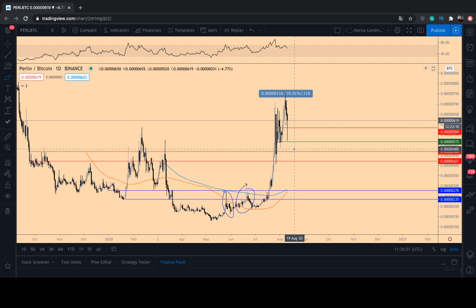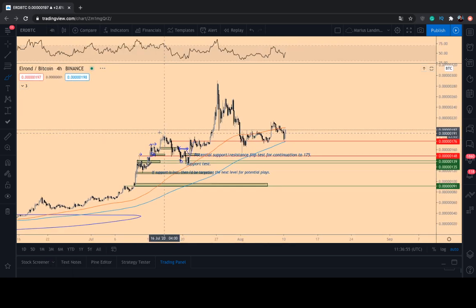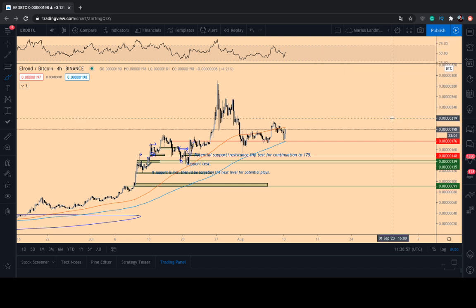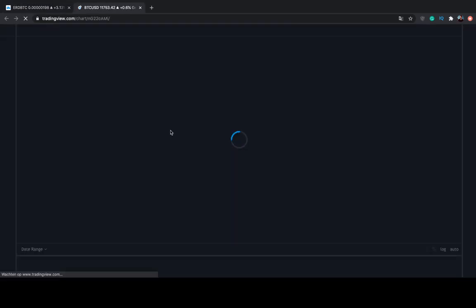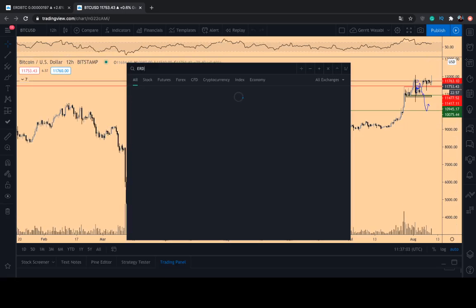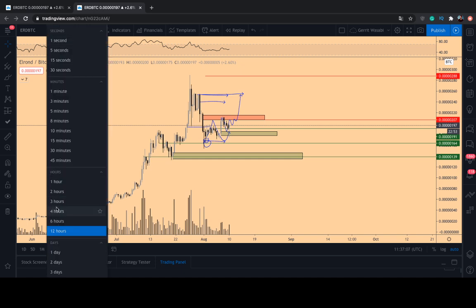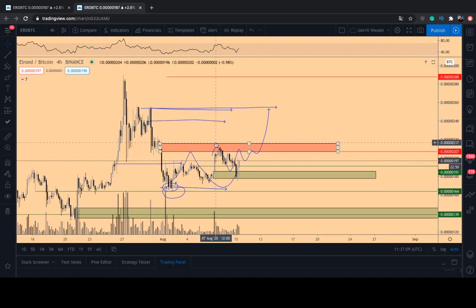Then the next coin that I want to discuss is Elrond, which is, I have to put up a different chart, which essentially is giving us a figure of how we are doing during sideways motions. In this case we can see that resistance has been hit, and then usually when resistance gets hit we test the previous levels.